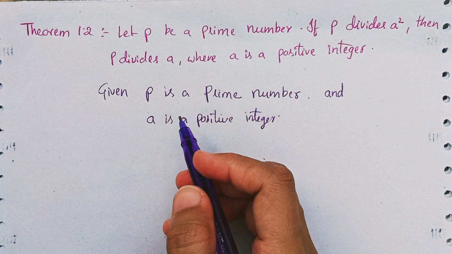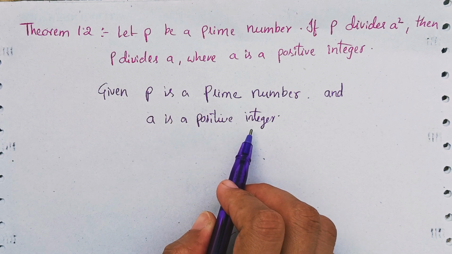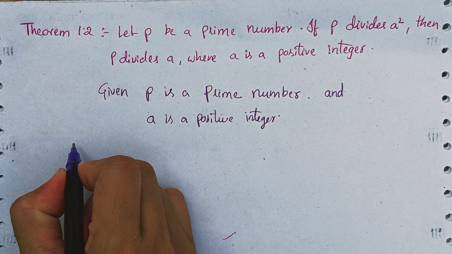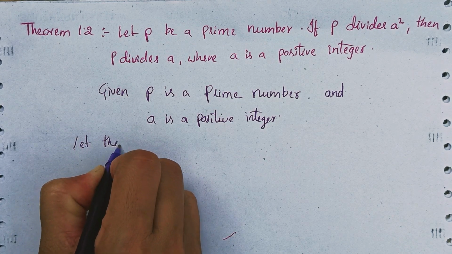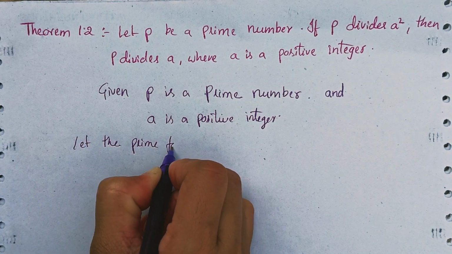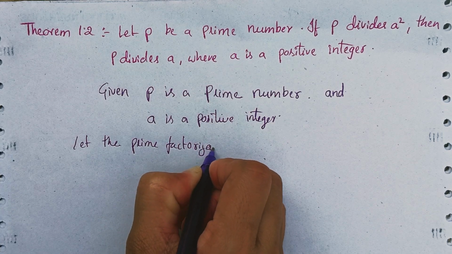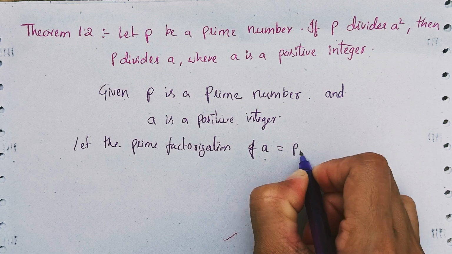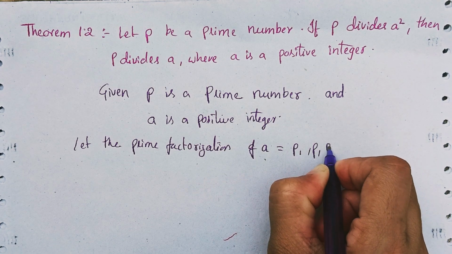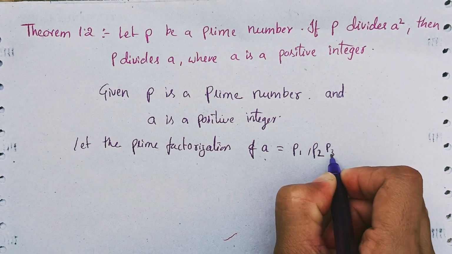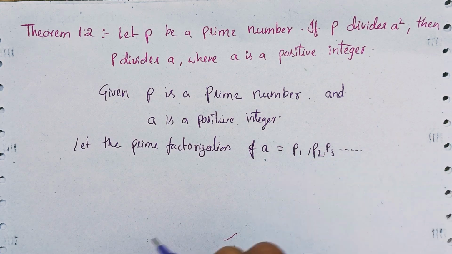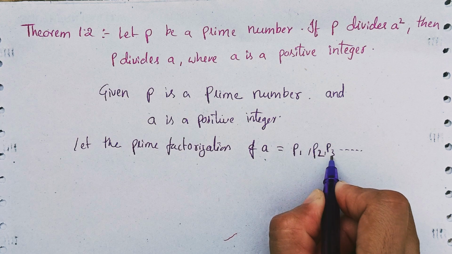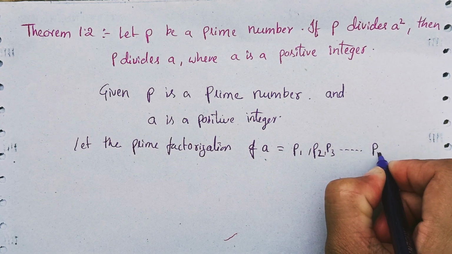Now, as a is a positive integer, let us first take out the prime factorization of a. Let the prime factorization of a be p1, p2, p3 and so on, we are assuming the prime factorization of a will be p1, p2, p3 and so on to pn.